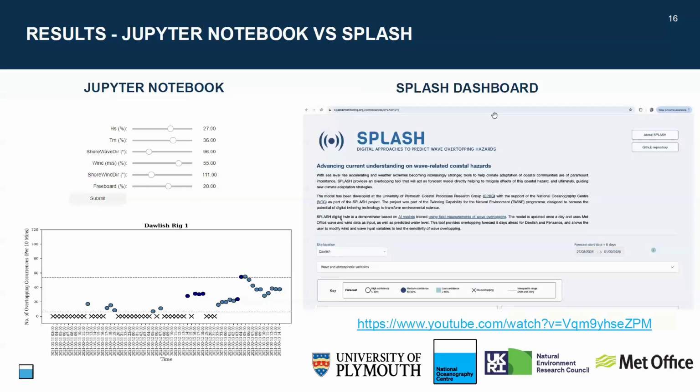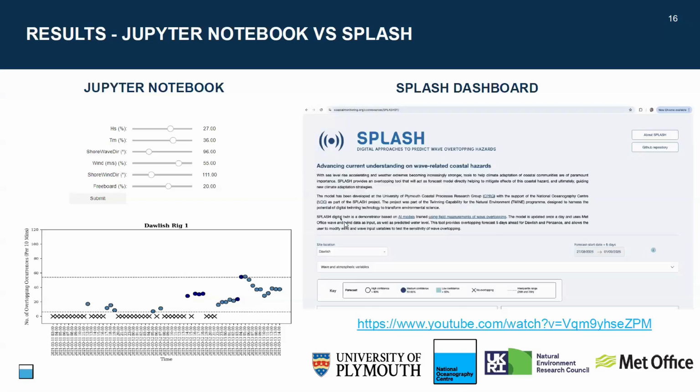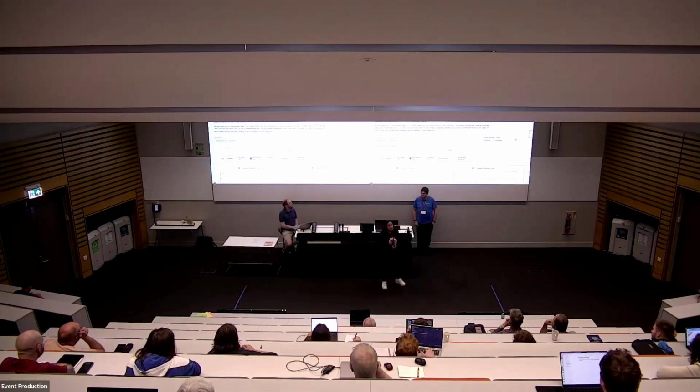What you see on the left is what the scientists gave us, and what you see on the right is what the RSE team turned it into. Basically, we built the Splash dashboard to visualize our overtopping predictions in a user-friendly way.